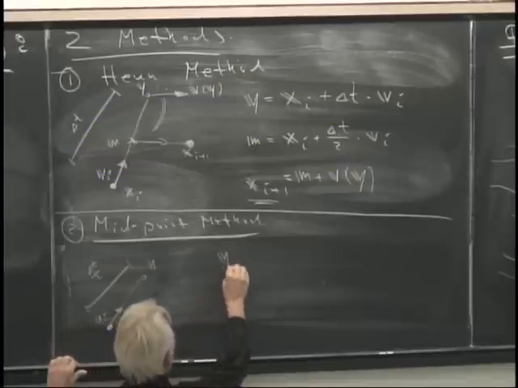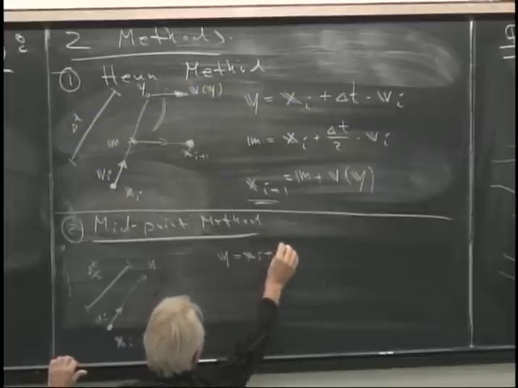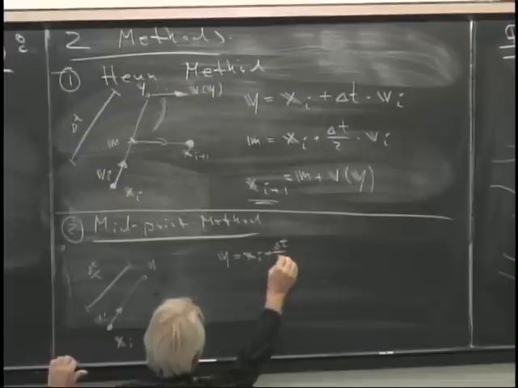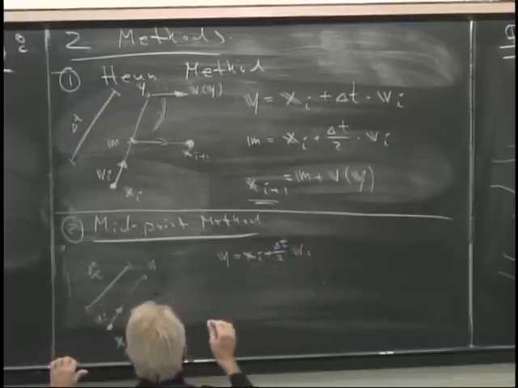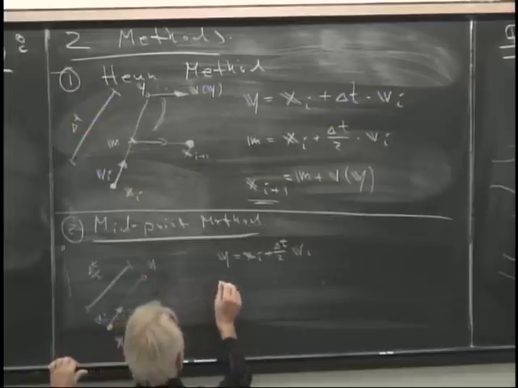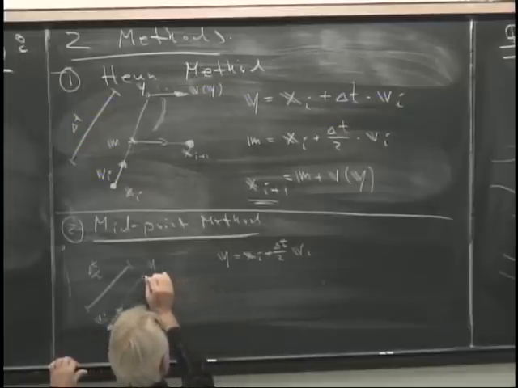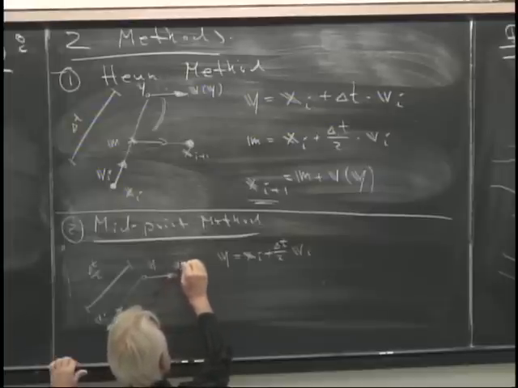My helper point y would be given as the current point plus half the time step, delta t over 2, times the velocity at the current point, vi. Now I evaluate my velocity at this point, which I can do. So here I will have a certain velocity vector; this is the velocity at y.